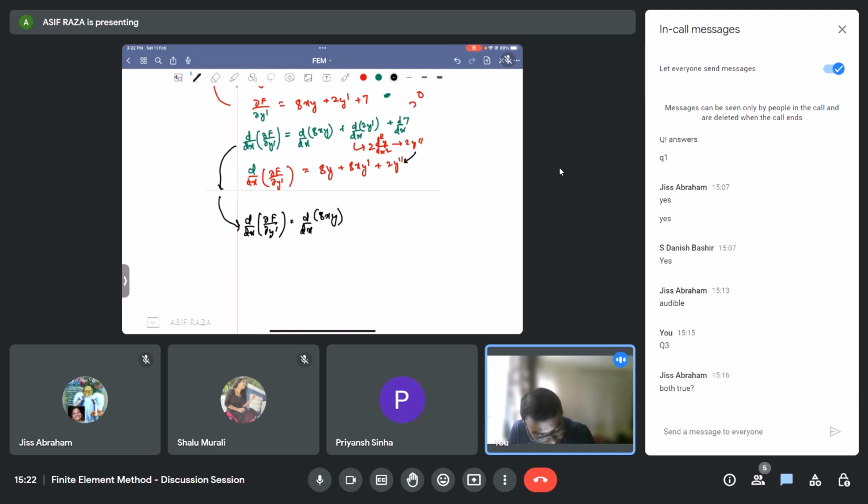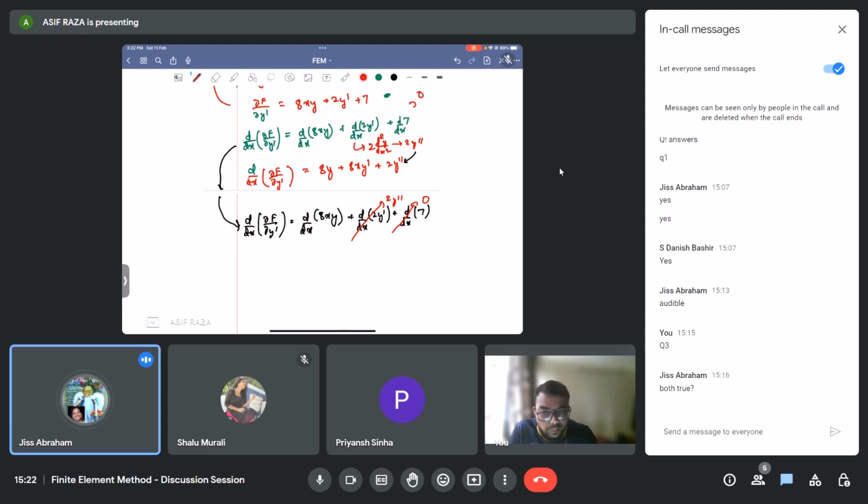This is the intermediate step: d by dx of 2y prime plus d by dx of 7. This is 0. This is 2y double prime. This one you don't have any doubt, or is this also having some issues? Which one, sir? This one. Yeah, that's okay now.